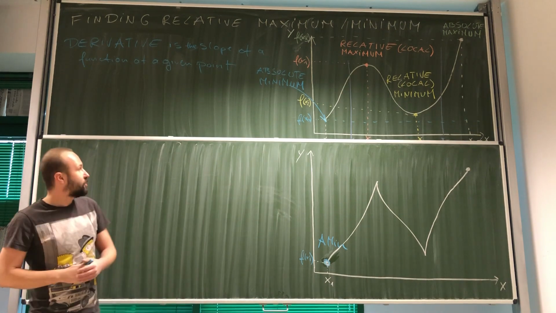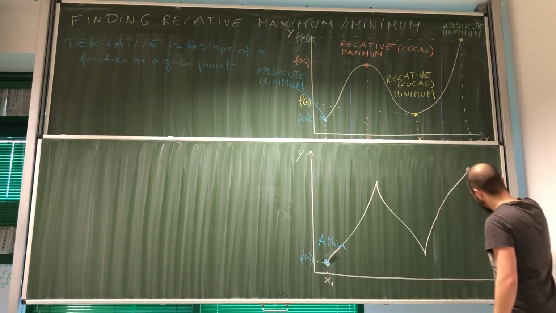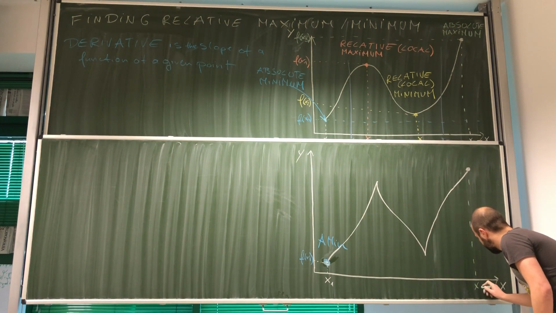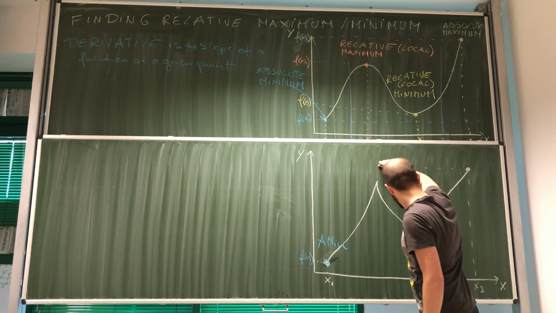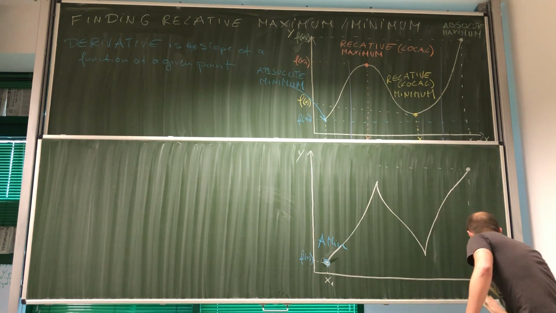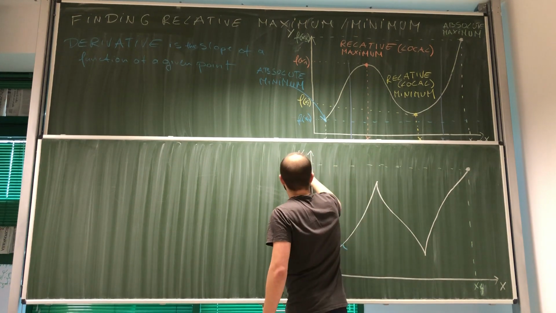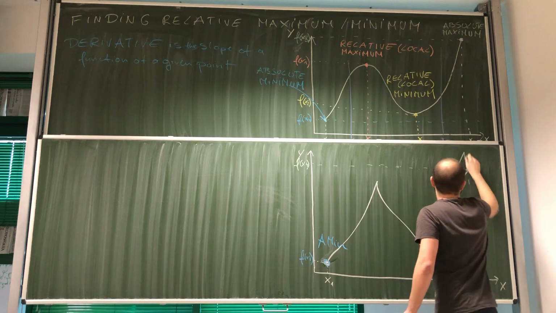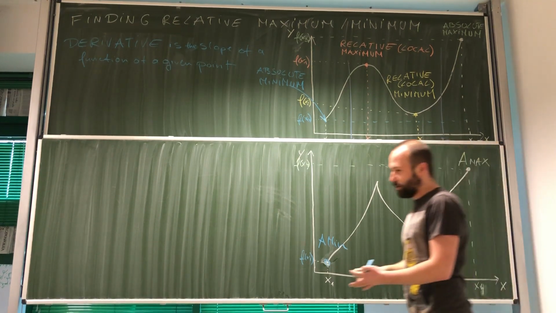Now, the end point over there, let's call it x3, is x4 of course. Here we will have f of x4 is absolute maximum. Now, what about those 2 points?